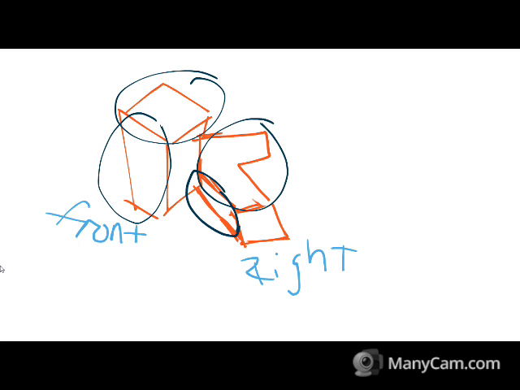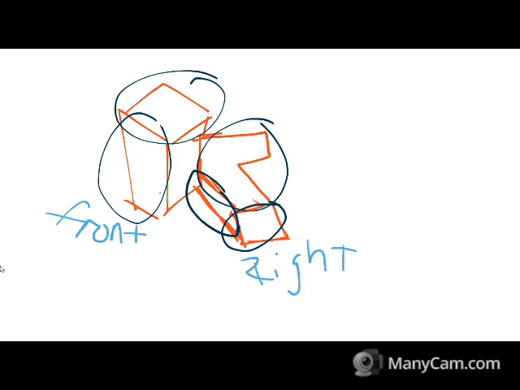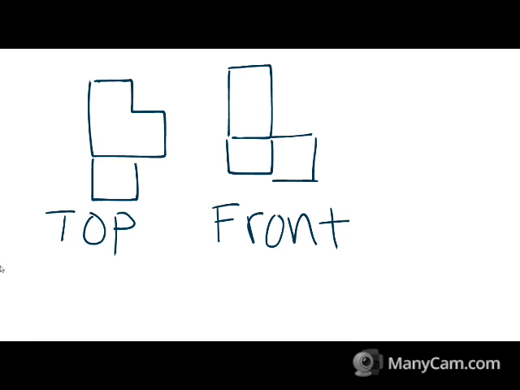And you can see this is the other side, so let's draw that. Since these two squares right here are not connected, this is going to be a dotted line.